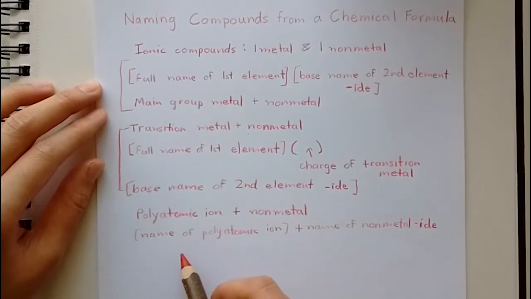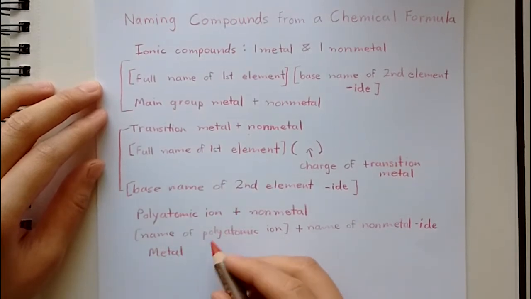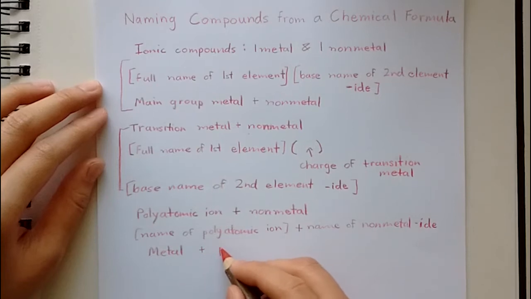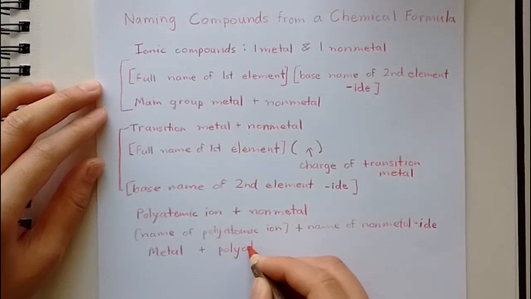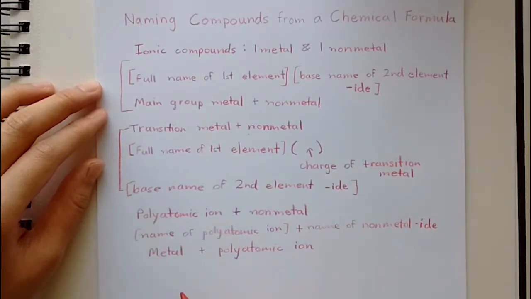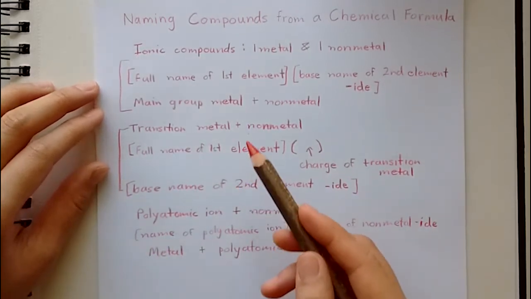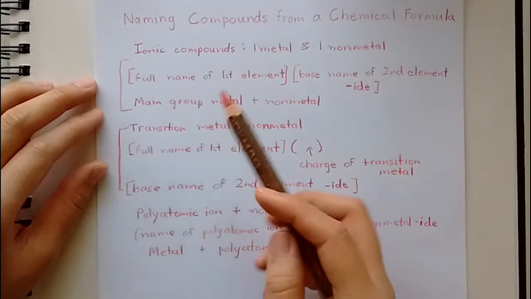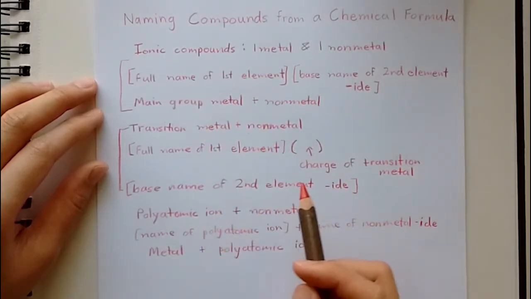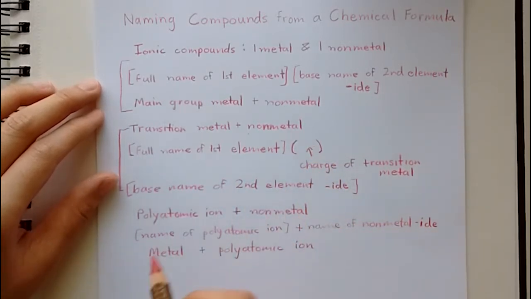Now normally the polyatomic ion will have a negative charge, so what you end up doing is you have the metal and you'll have the polyatomic ion. So for this case, you would write the full name of the metal, whether it's a transition metal or a main group metal, and you would apply the rules of whether you need to put the Roman numeral here.